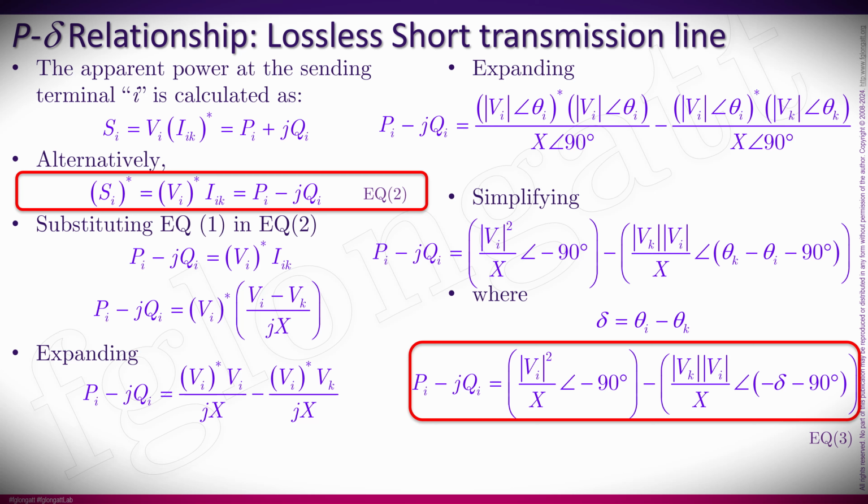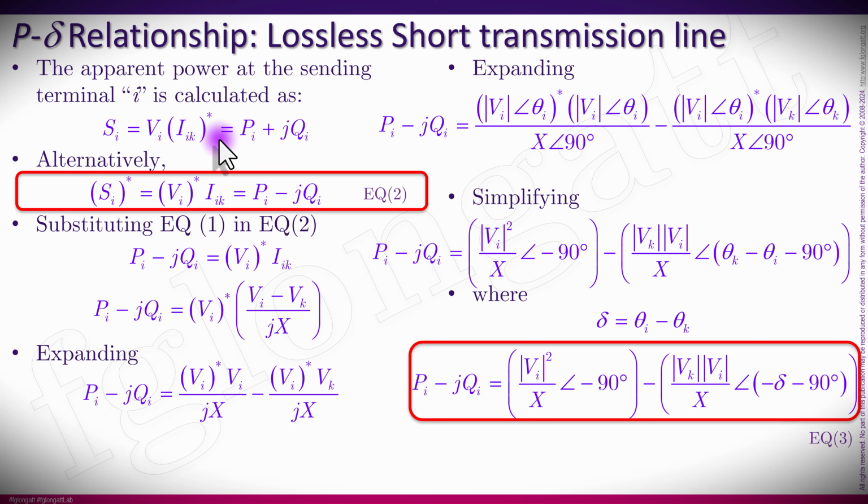Okay, so it's simple to see that the sending apparent power will be the phasor of the sending voltage multiplied by the conjugate of the phasor representing the series current. And this apparent power has a real part representing the active power in the sending terminal plus j multiplying the reactive power at that terminal.